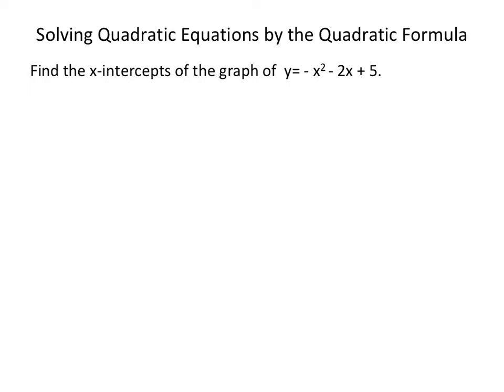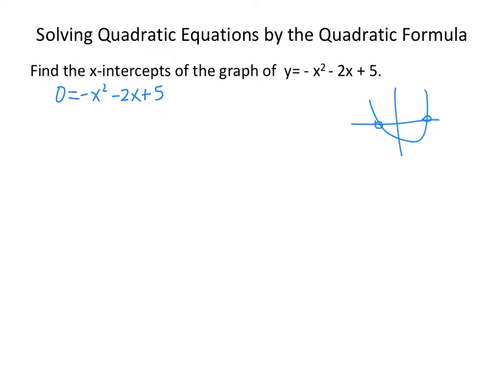So we're recalling the definition of an x-intercept. If that was our graph, an x-intercept occurs when y is equal to 0. So when y is equal to 0, we're going to be left with 0 equals -x squared minus 2x plus 5.